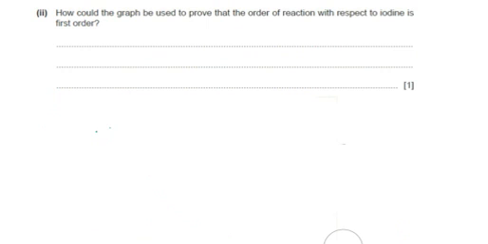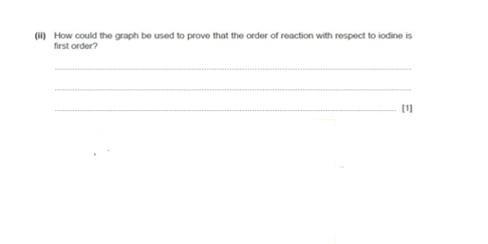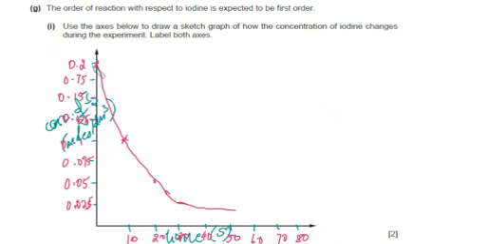So now back to this question. How could the graph be used to prove the order of the reaction with respect to iodine as first order? In order to answer this question, we can prove that 2 or 3 half-lives are the same. So let's go with the first half-life, T half 1. The first T half is the time taken for 0.2 molar solution to get reduced to 0.1.